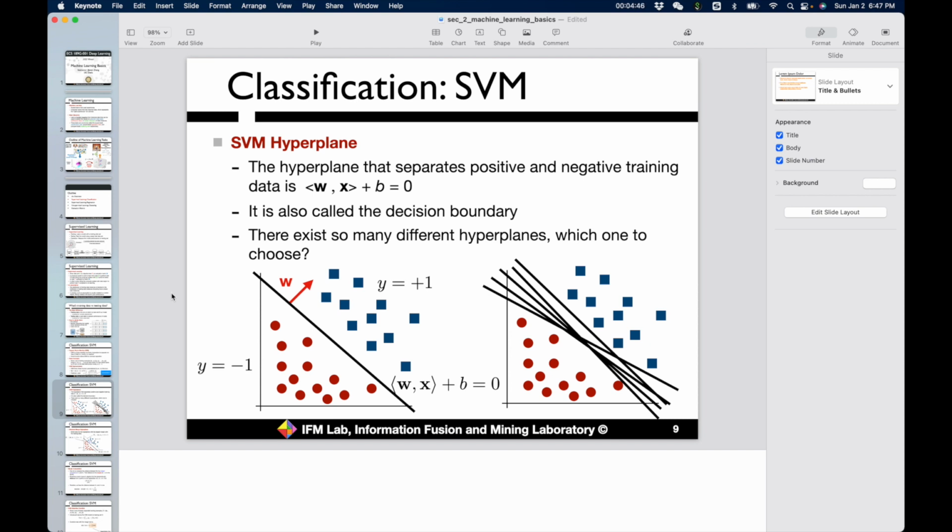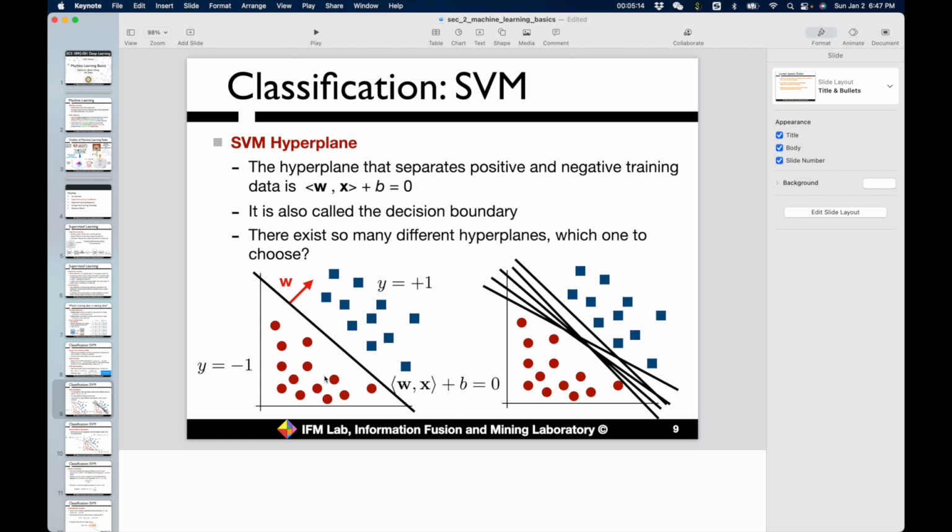The data instances in the feature space are normally mixed together, and to classify them means we want to find a line to separate them from each other. This line can be a straight line or can be some curved line as well. Because here we are doing the linear model. A linear model means we can find a straight line to separate the positive instances from the negative ones.